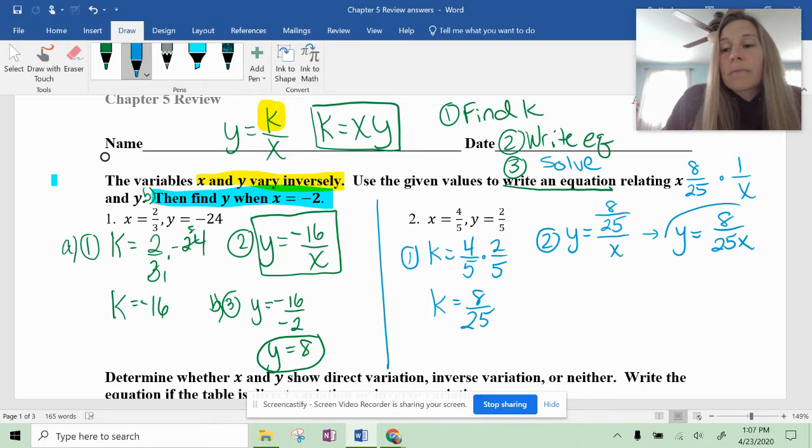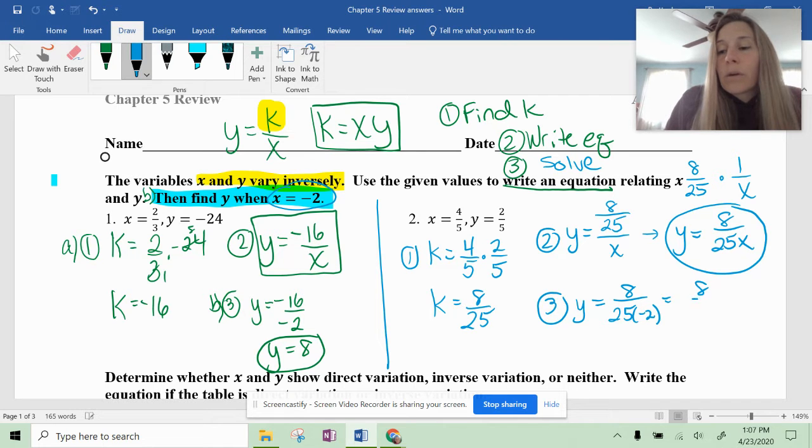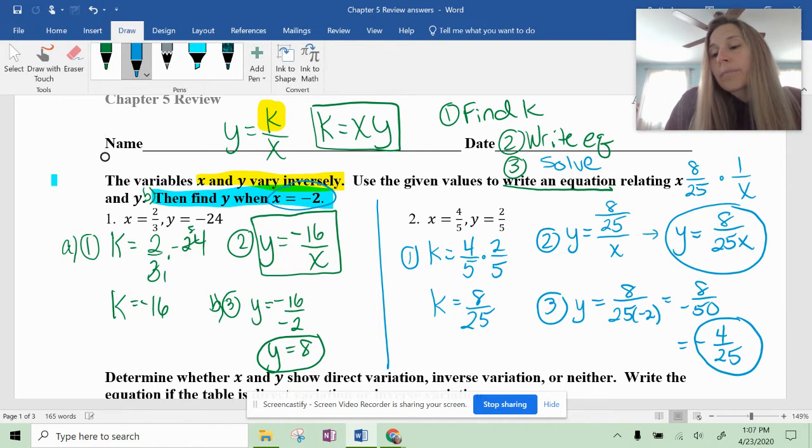So that's what the equation would look like. And then the third part is you're going to substitute that -2 in for the X and then actually solve for Y. So 25 times -2 would give me -50, and then that answer can be simplified to -4 over 25.